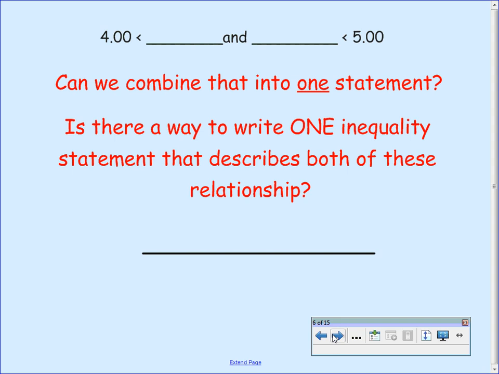So now we have this written as two separate statements. And to be quite honest, it's a little annoying to have to write it in two separate statements. Wouldn't it be so cool if you combined the two into one long inequality statement? Is there a way that we could do that? Instead of having this written twice, why don't we merge them together and just write it once?